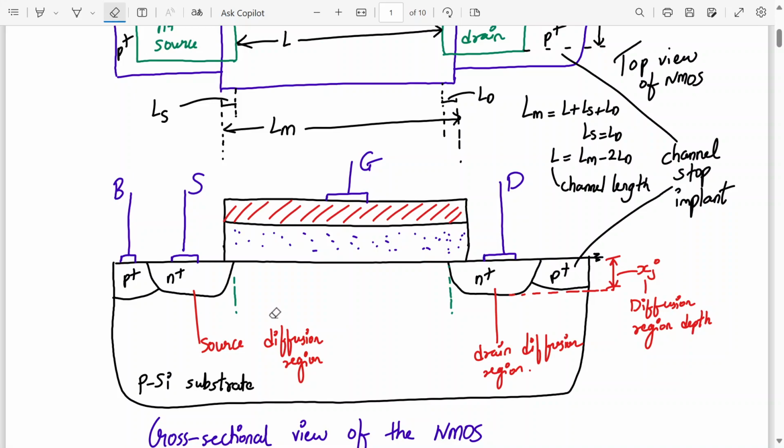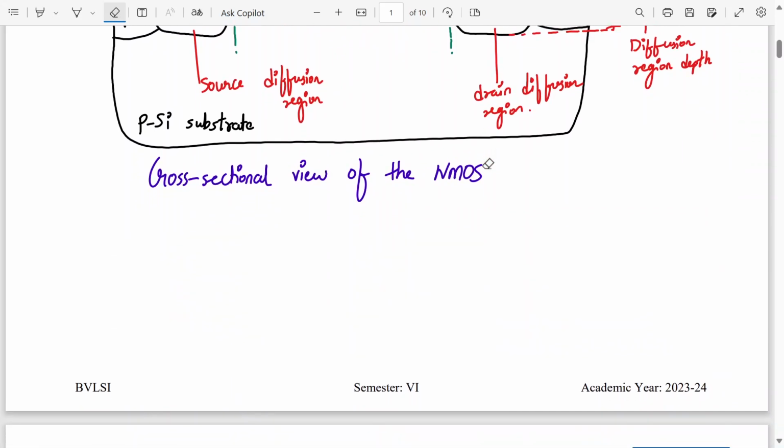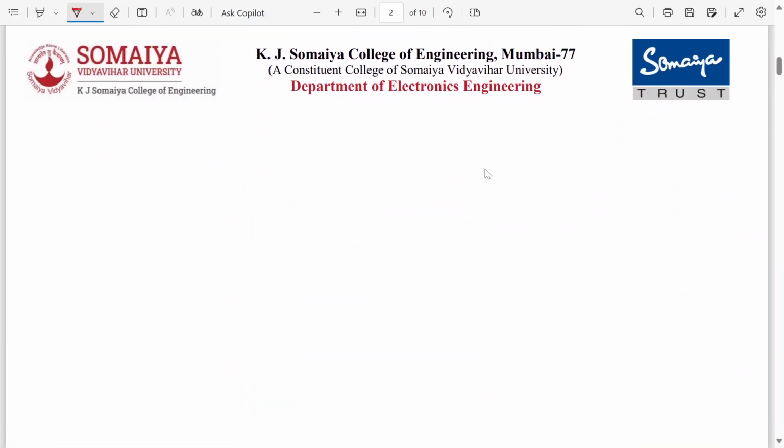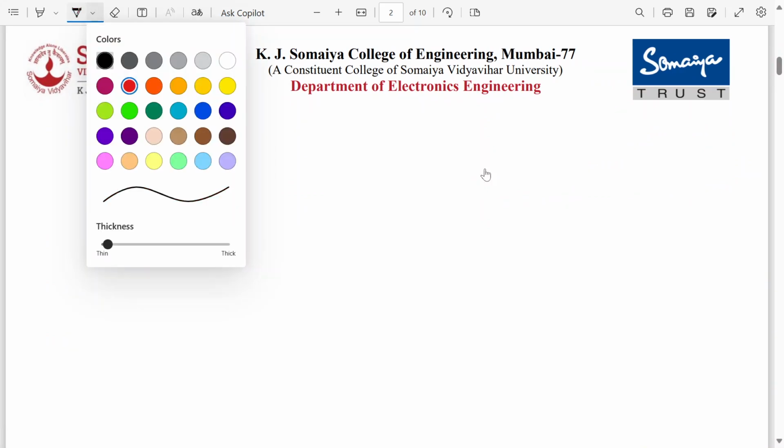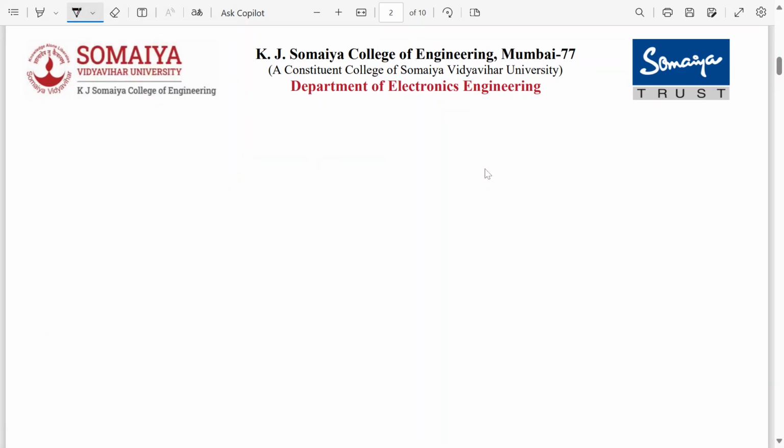Alright, now I will be telling you one by one the classification of MOSFET capacitances present over here. So let's start with the MOSFET capacitance types. These are all on-chip MOSFET parasitic capacitance types.